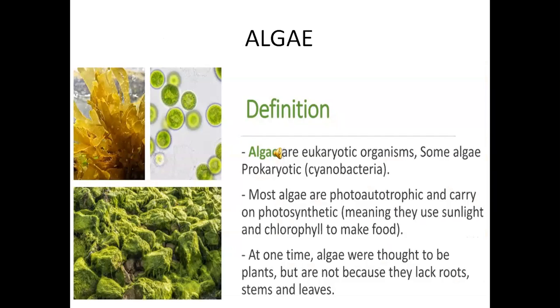Most algae are photoautotrophic and carry on photosynthesis, meaning they use sunlight and chlorophyll to make food. At one time, algae were thought to be plants, but they are not because they lack roots, stems, and leaves.